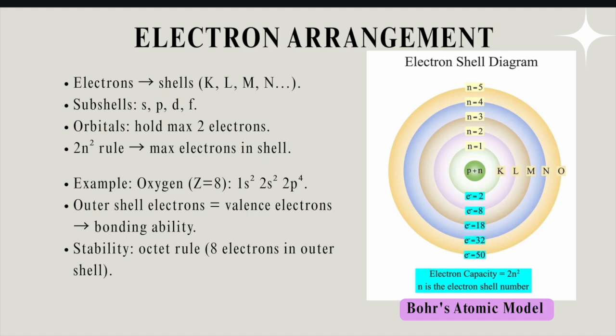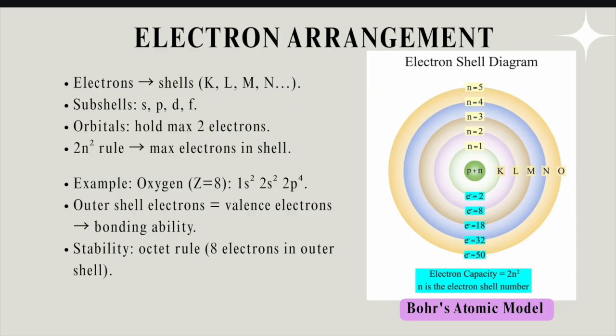For our biology concept, I am just going to tell you that even within a shell the different electrons will have different orientation and different energy carrying capacity, and depending upon in which subshell or shell the electrons are present, the type of bond is going to be formed. So that's what I am going to make you understand.